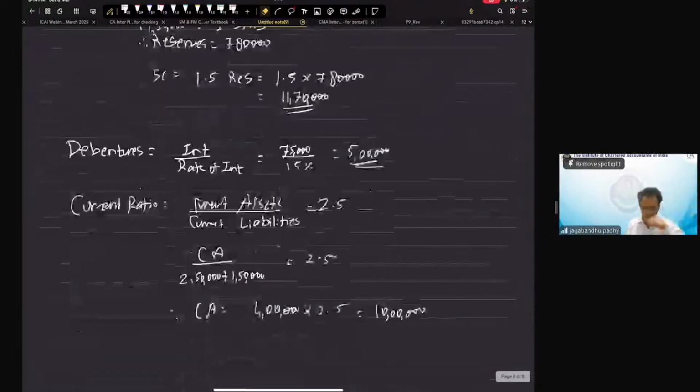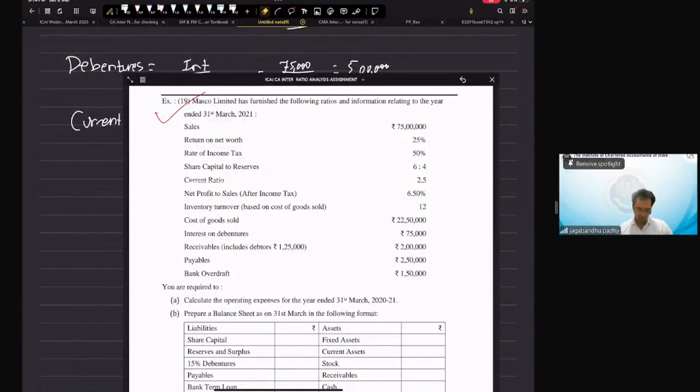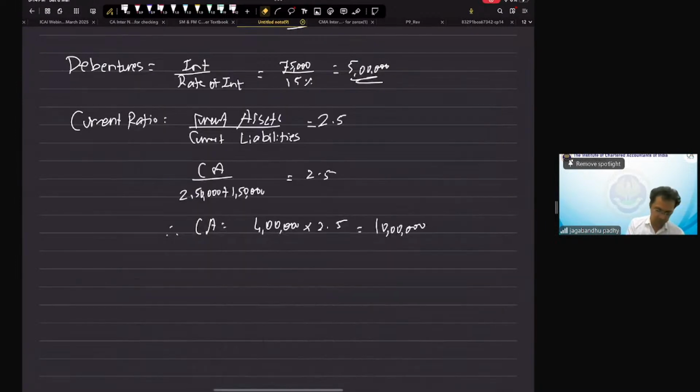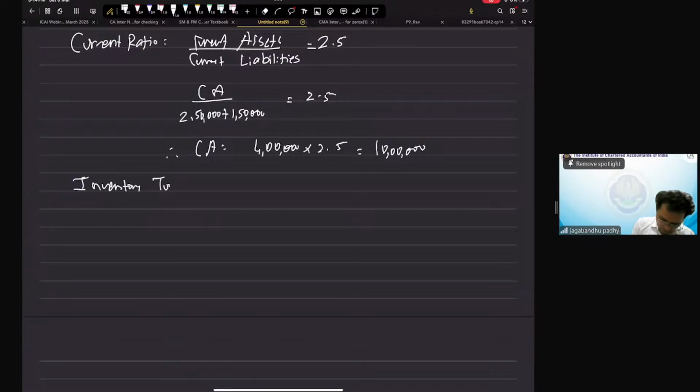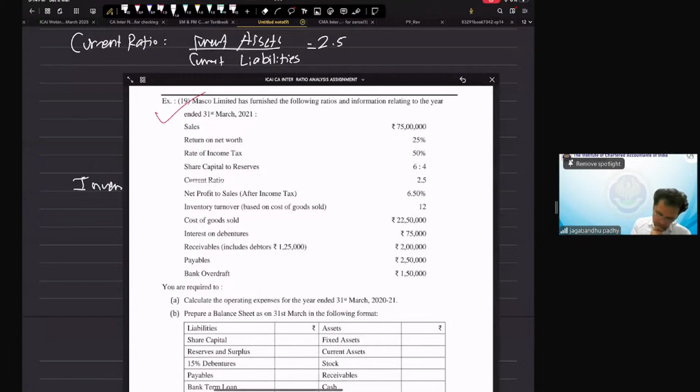Anyways, now we can get the inventory turnover. From this inventory turnover, we can get the value of inventory. They're saying that inventory is based on COGS. Inventory turnover is 12.